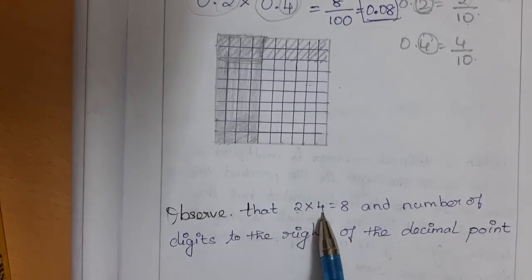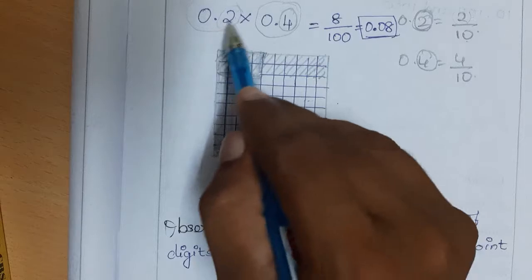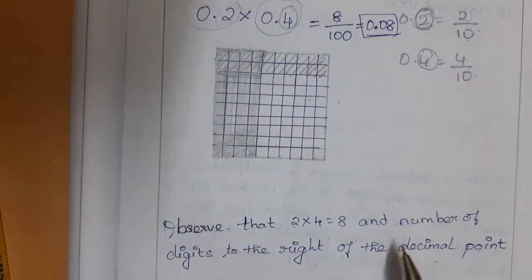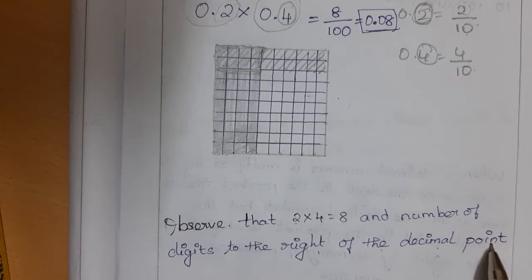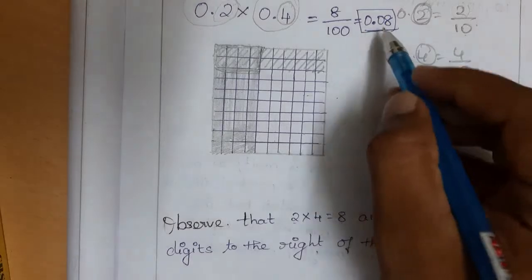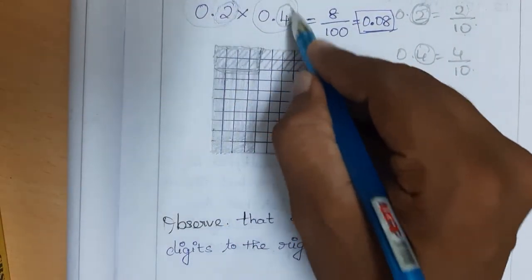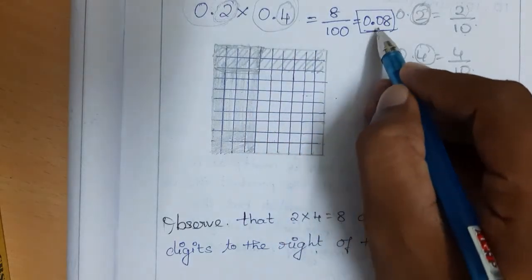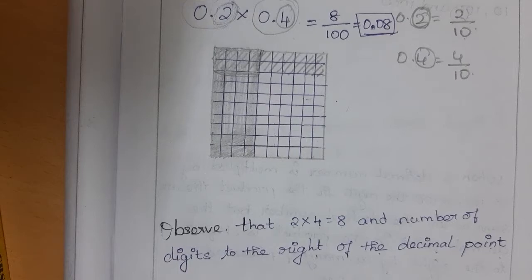Observe that 2 into 4 is equal to 8, given without decimals. Multiplication of 2 and 4 is 8, and then look at the number of digits to the right of the decimal point. Here the number of digits in the decimal is 1, and here also 1, so in total 2 digits. From the right, it moves 2 digits. That's the pattern.